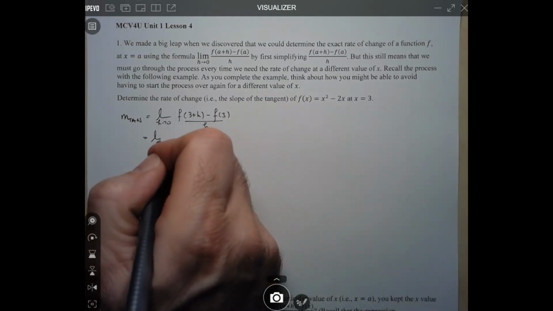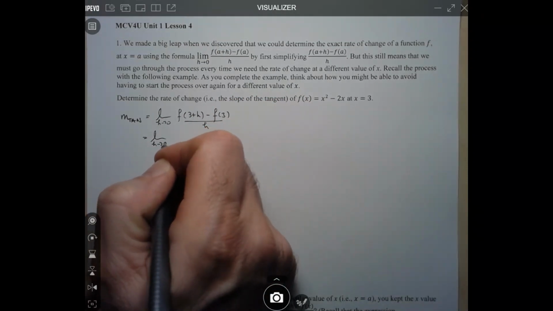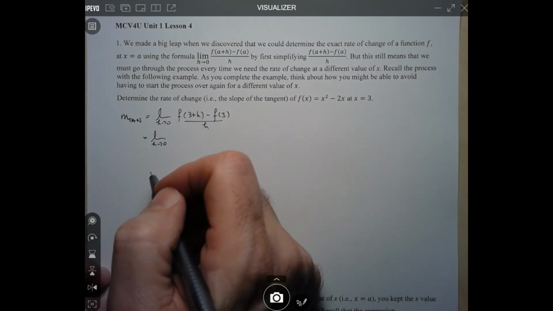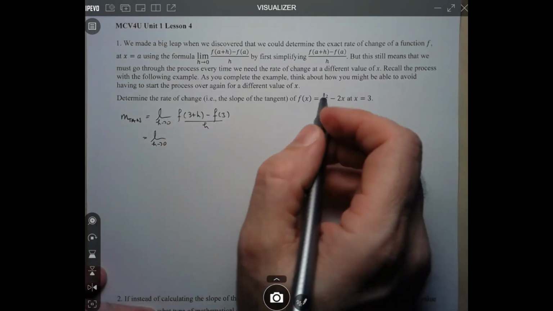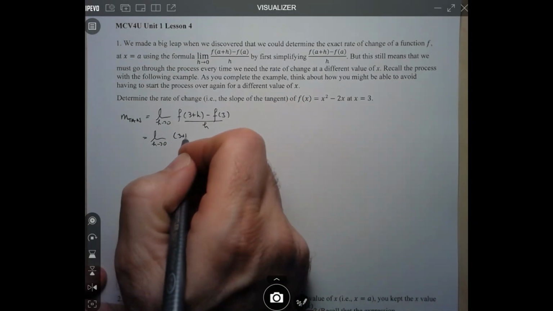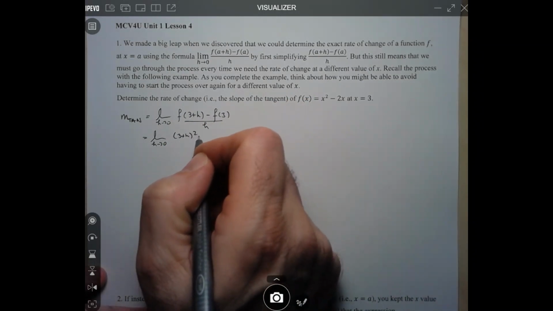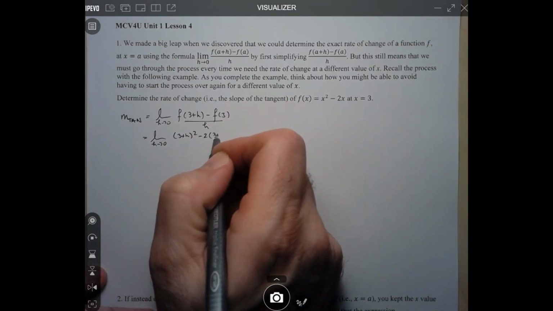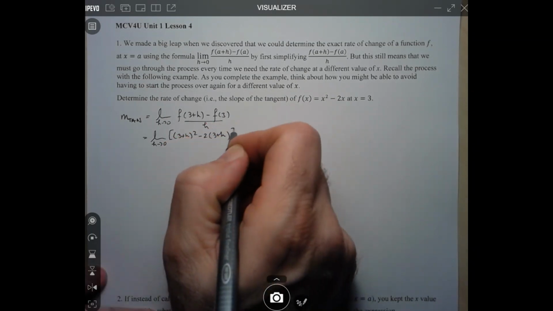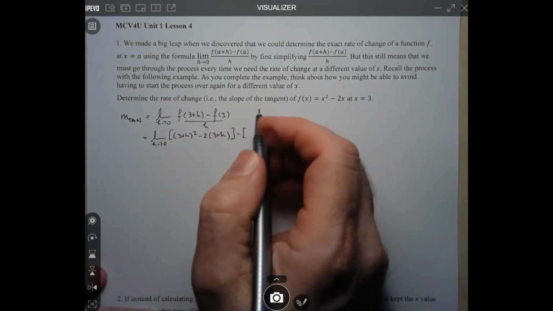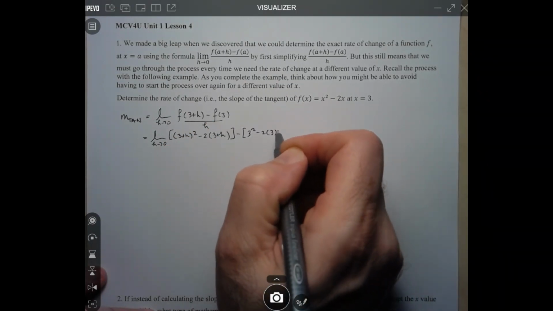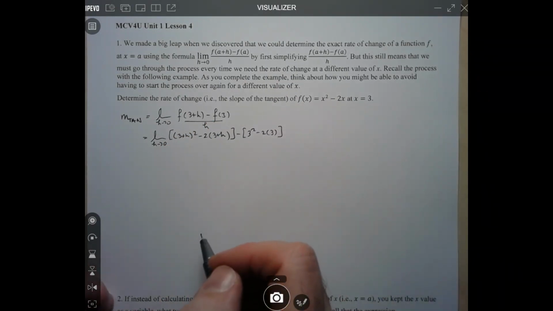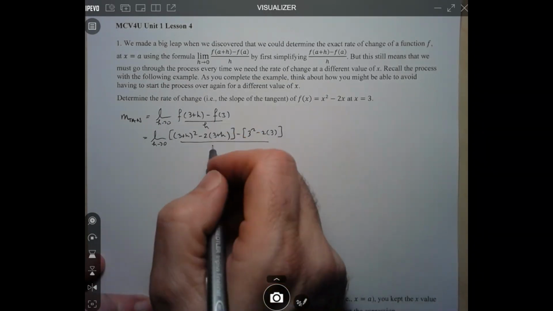The first step is to input these two things into my function. So I'm inputting 3 plus h into this function: 3 plus h squared minus 2 times 3 plus h. Then I'm subtracting f of 3, which is 3 squared minus 2 times 3, which is 9 minus 6, and of course all over h.